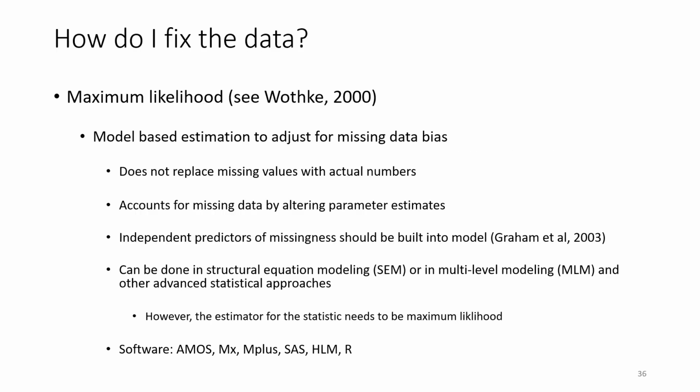The last missing data treatment that I want to talk about is known as maximum likelihood, and it was proposed by Wothke in 2000. Well, it actually was around before 2000, but he's been one of the people who's really sold this idea of maximum likelihood. So it is a model-based estimation that adjusts the parameter estimates to account for missing data. So this approach does not replace missing values with actual numbers.